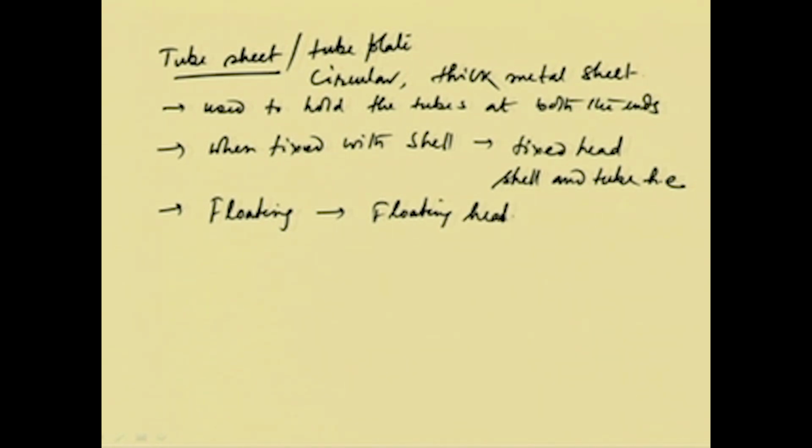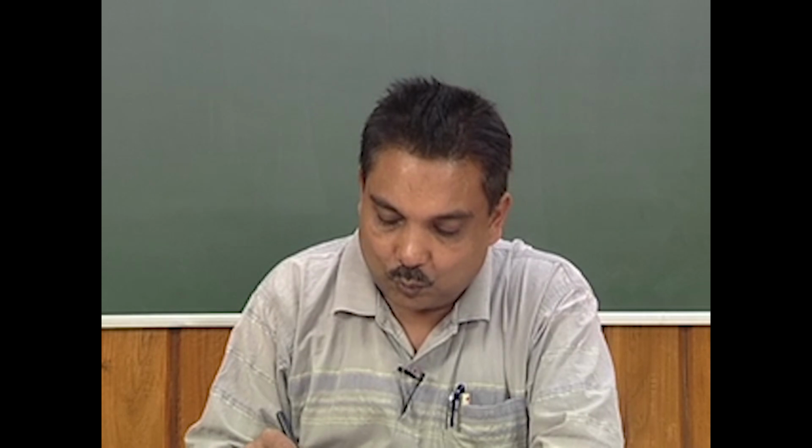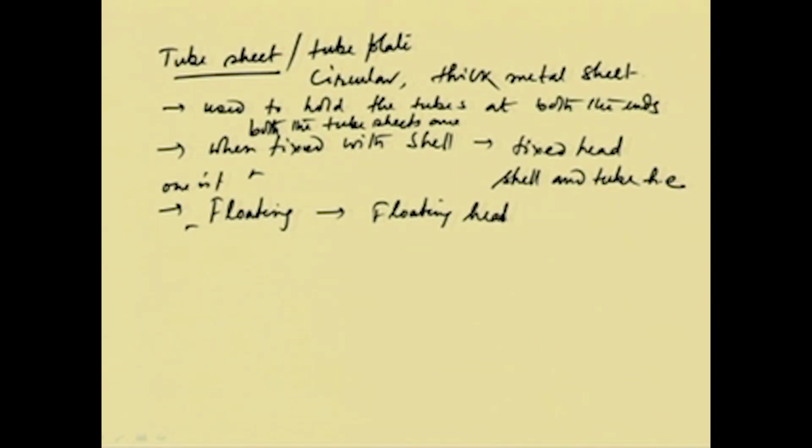So, when both the tube seats are fixed at the two ends with the shell, then we call it a fixed head shell and tube heat exchanger, and when one is fixed and the other is floating, then we call it a floating head shell and tube heat exchanger.